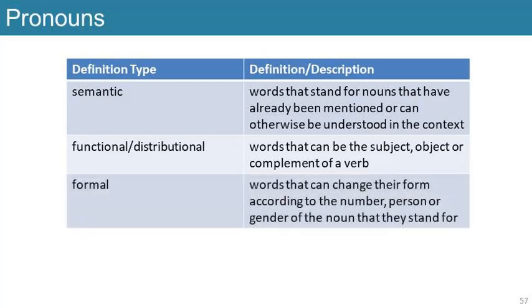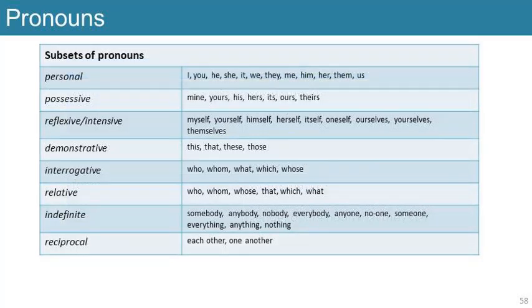Some pronouns change their form according to the number, person, or gender of the noun that they stand for. Pronouns can be divided into numerous subsets: personal, possessive, reflexive, intensive, demonstrative, interrogative, relative, indefinite, and reciprocal.